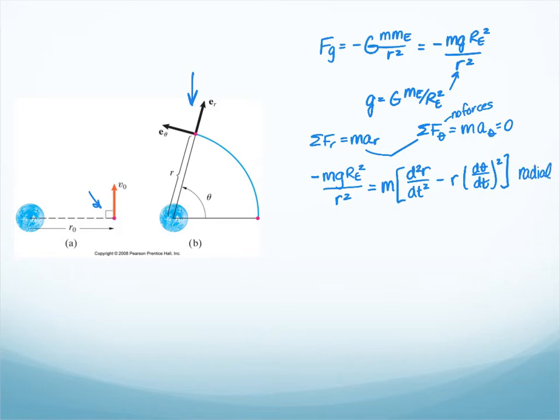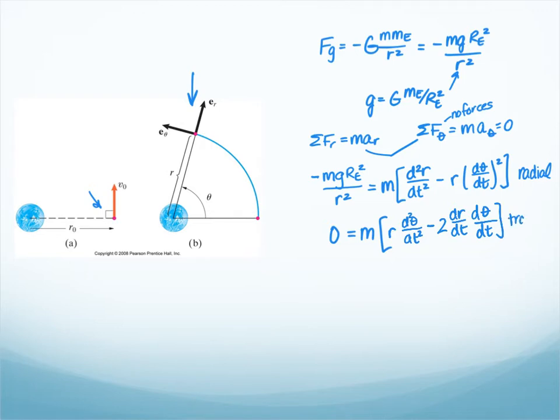That's a differential equation. In the tangential direction, our forces are 0, and that's going to be the mass times the tangential acceleration, the theta expression for acceleration, which is r times theta double dot plus 2 r dot theta dot.